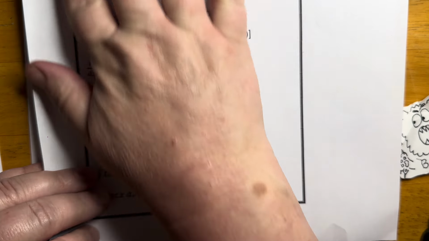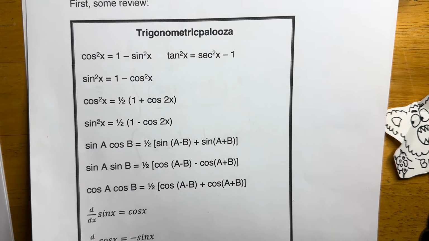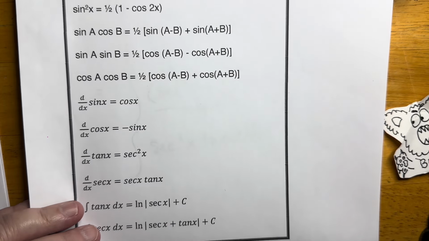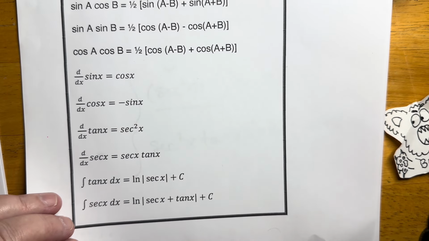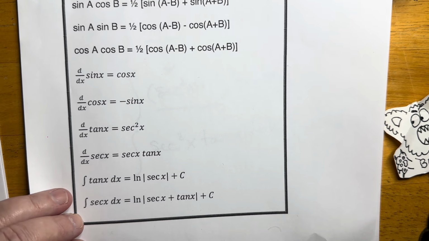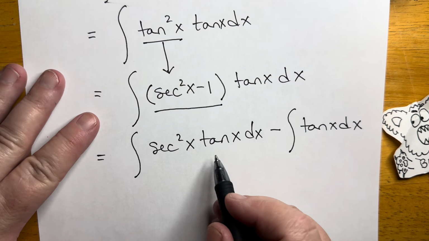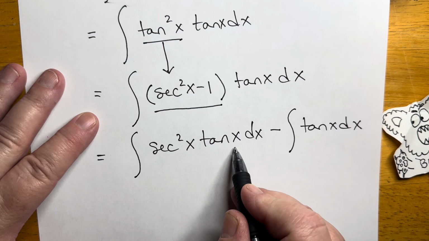So that's why you want to write up a sheet of all of the facts you know about trigonometry, or just copy this one down, or hopefully I've given it to you in class. Have it by you so that while you're looking at these things, you go, oh, wait a minute. This is the derivative of this.